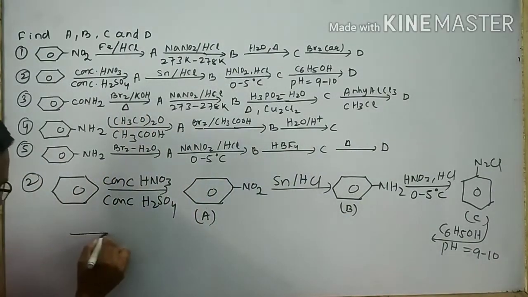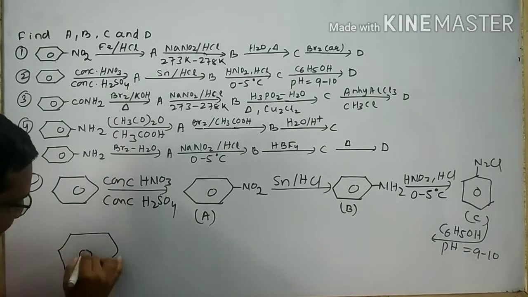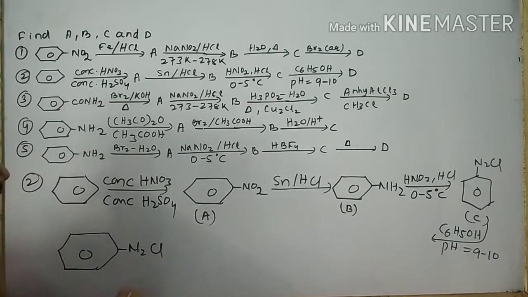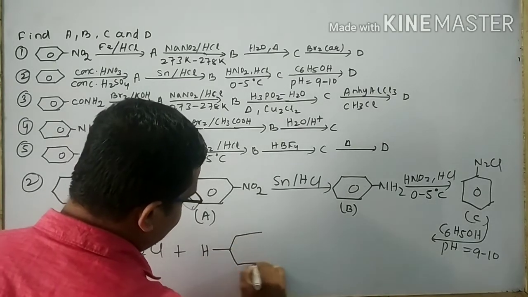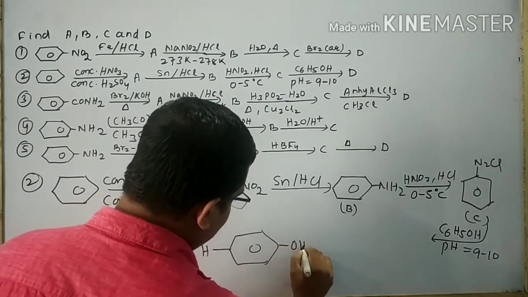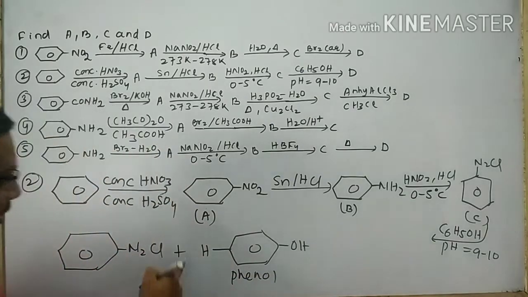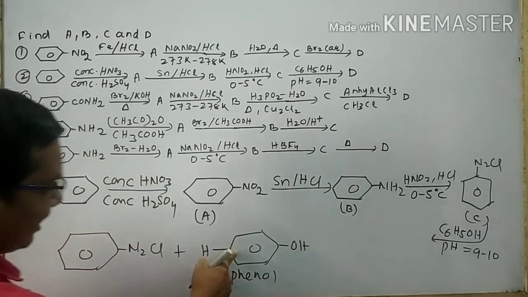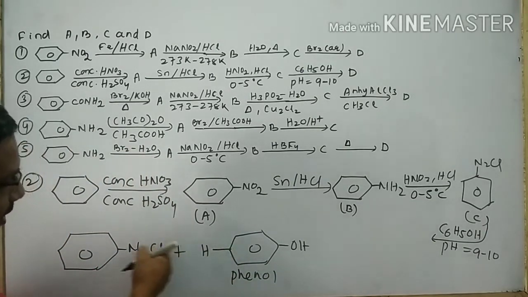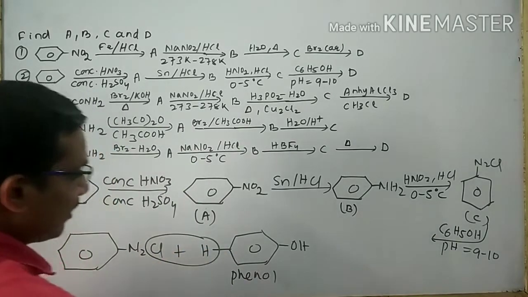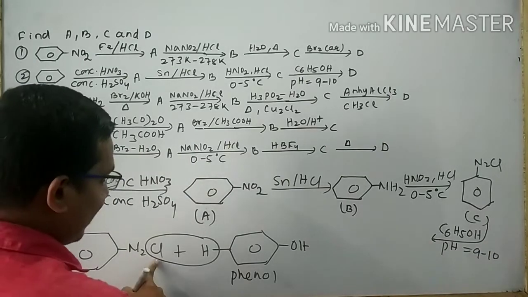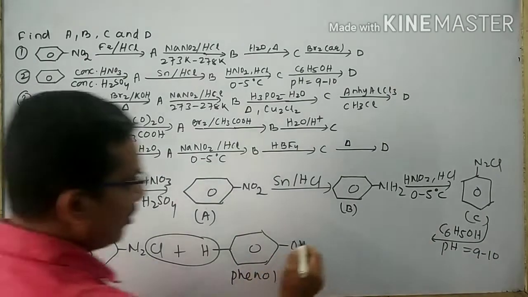What is the azo product? Look at this. This is your BTC and the structure of phenol is like this. The hydrogen atom present at the para position will react with the chlorine atom to form HCl as a byproduct and the remaining product is this.